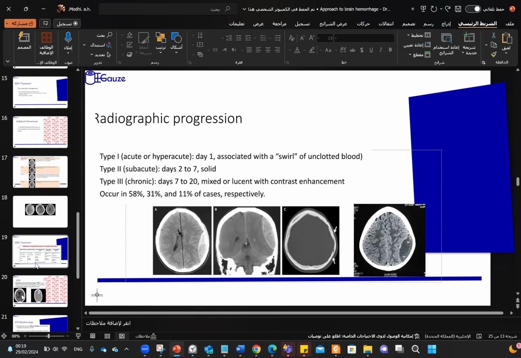All of these can sometimes help in relieving the pressure. Because high ICP will cause herniation, and herniation syndrome is another topic, but if the patient is herniating, it's really hard to reverse. It's almost impossible.